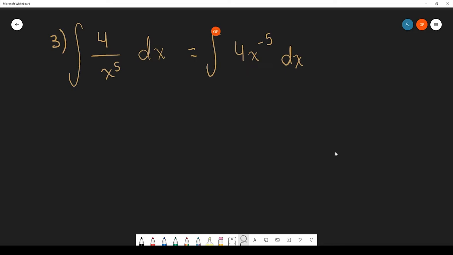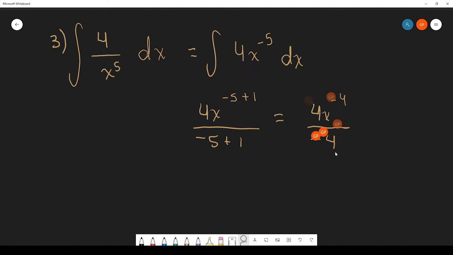Once we're here, we can simply apply the reverse power rule again. We're going to do 4x to the negative 5 plus 1 over negative 5 plus 1. Next, we simplify this so that it becomes 4x to the negative 4 power over negative 4.